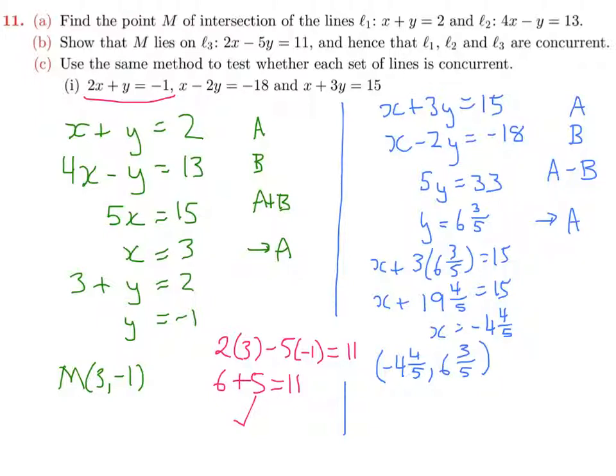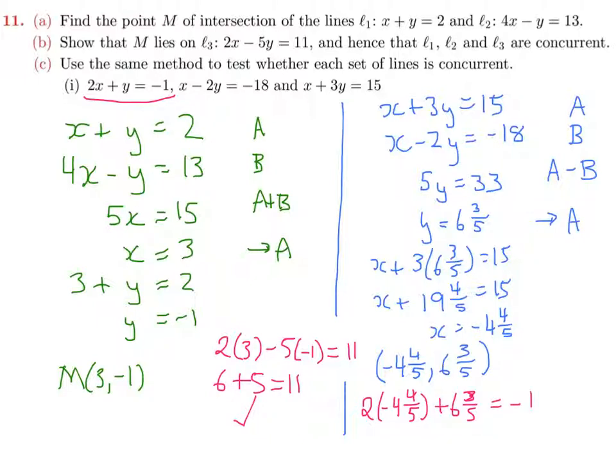So 2 brackets minus 4 4/5 plus 6 3/5 is equal to minus 1.